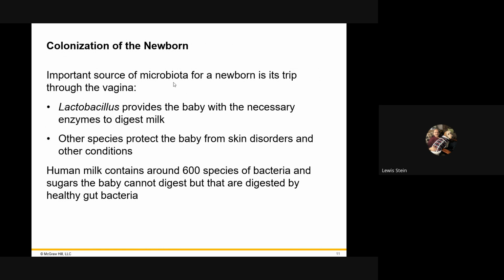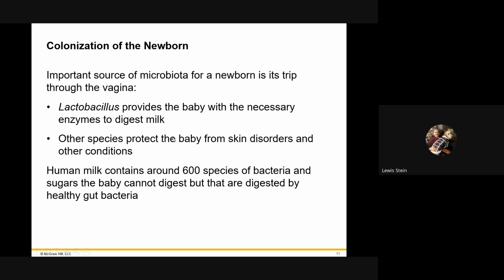Vaginally, the most abundant bacteria in the vaginal tract, which is the key protector against infection, is called lactobacillus. We learn about that in the urinary tract chapter toward the latter part of the course. Lactobacillus is very fragile, but it makes a ton of acidity, and acidity is what protects women, particularly during the childbearing years.